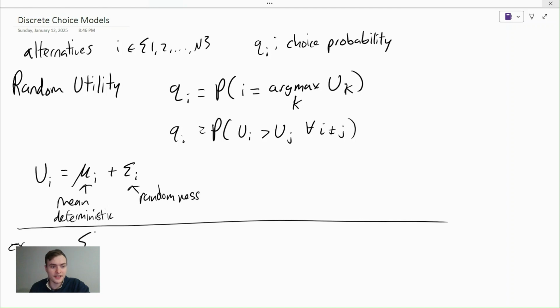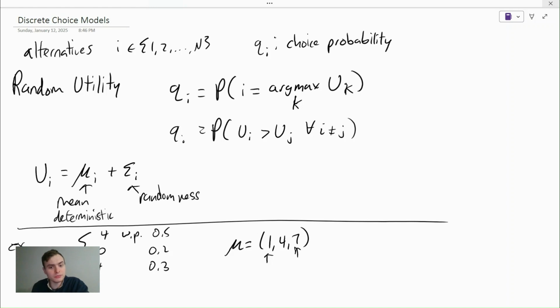For example, let's choose a simple epsilon i. We could have it equal to 4, 0, or negative 4 with probability 0.5, 0.2, 0.3, and let's say that mu equals 1, 4, and 7. So that means mu1 is the mean utility that a customer chooses product 1, and the mean utility that a customer chooses product 3 is 7.